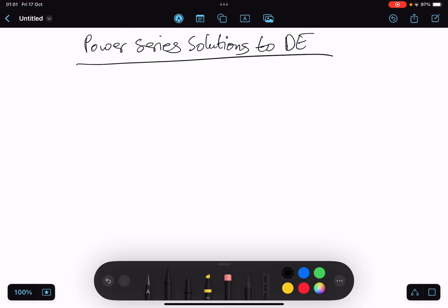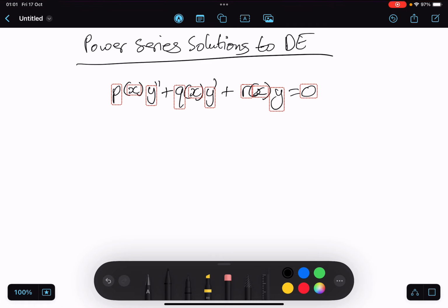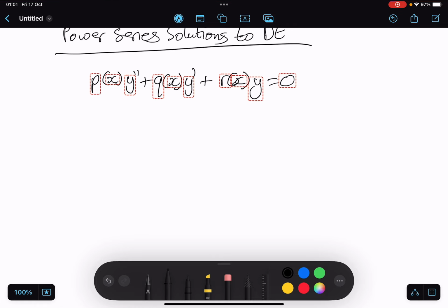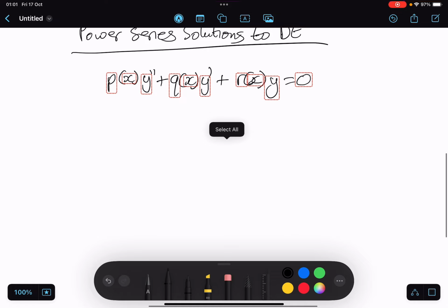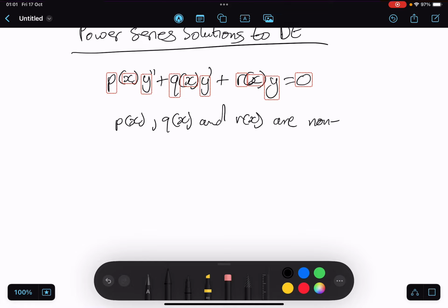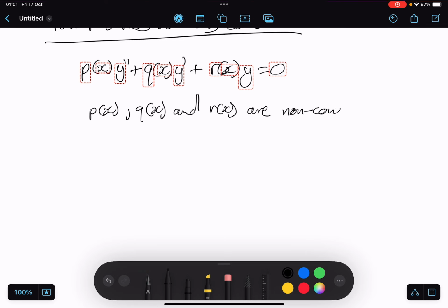In our case, if we are given a differential equation of this form, p of x y double prime plus q of x y prime plus r of x y is equal to 0, this is a homogeneous second order differential equation. With this one, we can easily see that p of x, q of x, and r of x are non-constant coefficients.